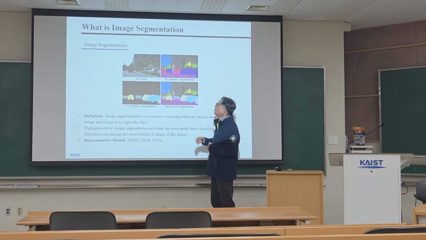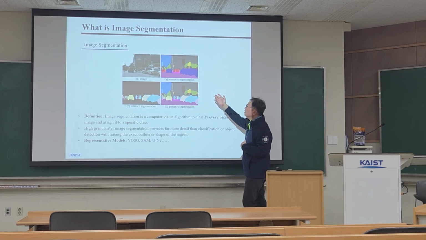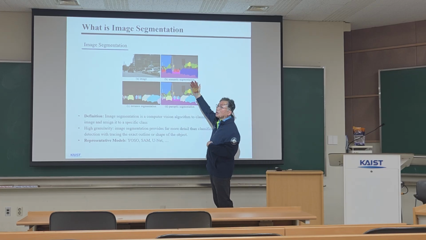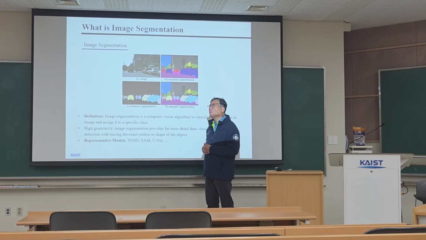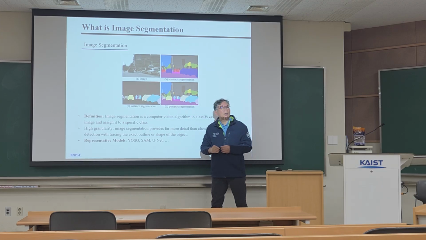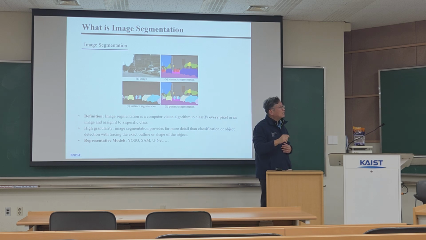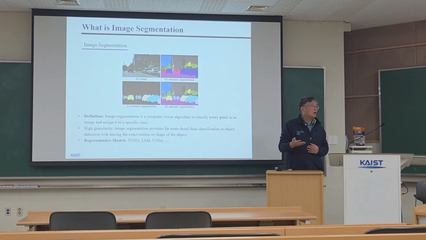And you see that the backgrounds are also labeled. The sky, building, the ground are backgrounds. They are also labeled. Okay, so semantic segmentation is labeling each of the classes, which includes foreground and background, and that labels all the pixels in the image.